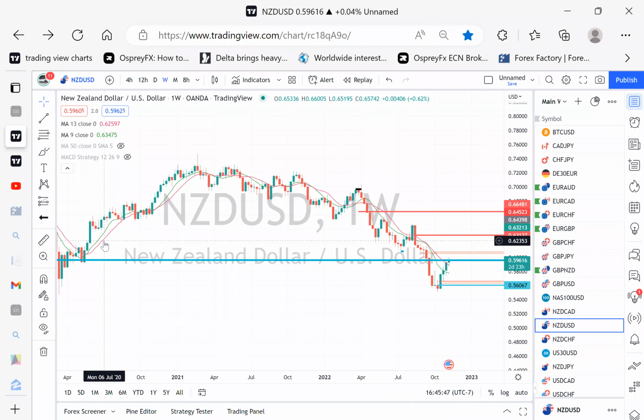So whenever we get these moving averages, you see how this moving average is running right through the middle of this pair. In my opinion, this is not as helpful as it could be.